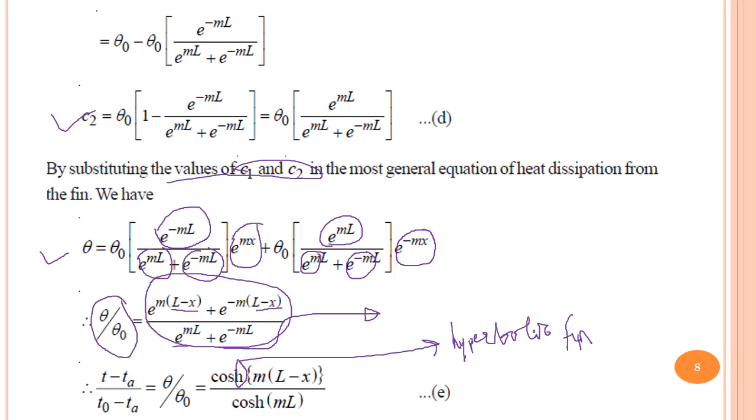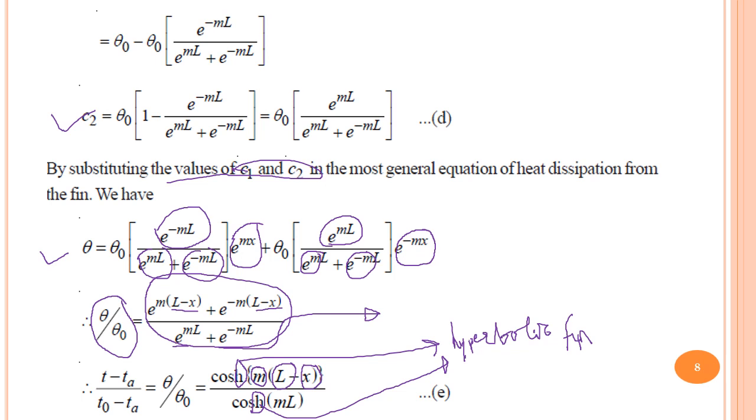And it is cos hyperbolic m into L minus x divided by cos hyperbolic ml, again a hyperbolic function, not a convection heat transfer coefficient, where m is the fin constant, that is under root of hP by kA, L is the length of the fin, and x is any distance on the fin.